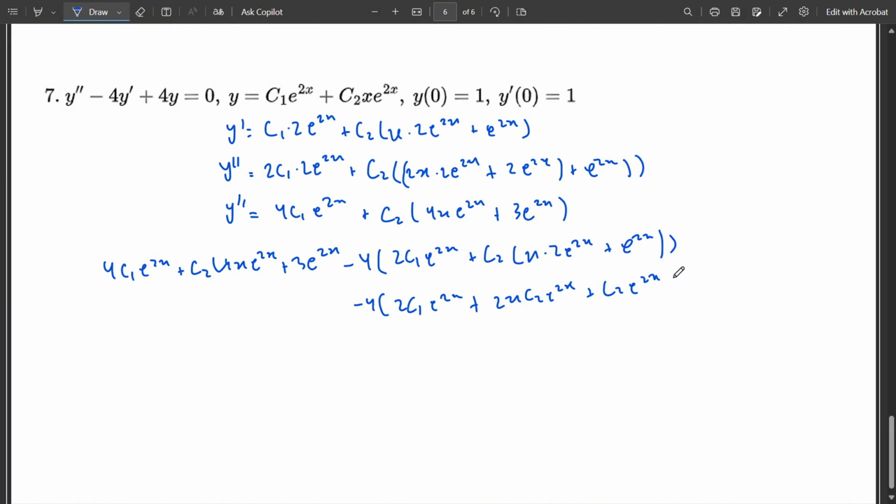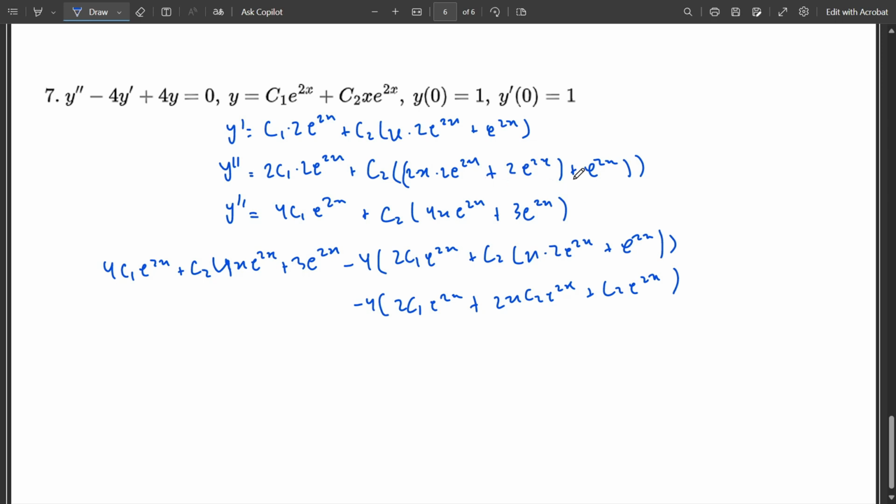This is close. And can we cancel it with one of these, c1, c2? What's this? Y double prime, right? So c2 times 4x e to the 2x. And y prime is just this, right?